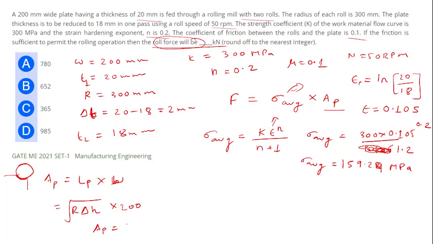I'm getting 4899. You have calculated length only, right? So 4899 square mm is your projected area. Now we have sigma average, we have a projected area.